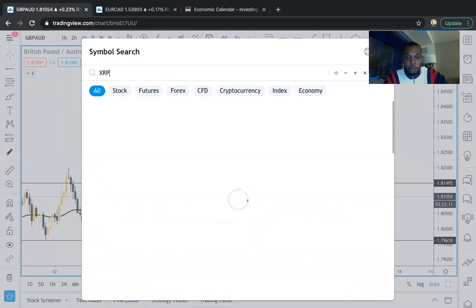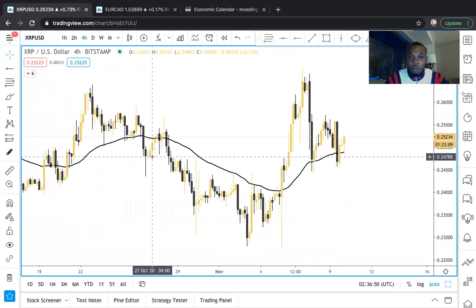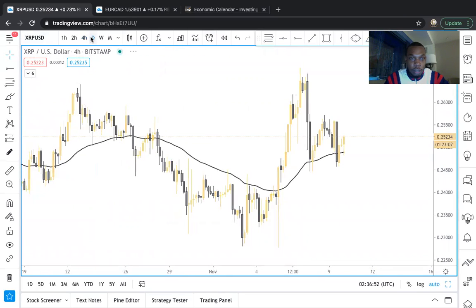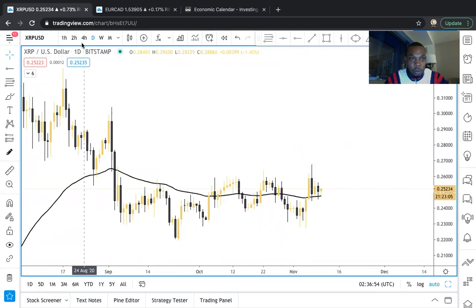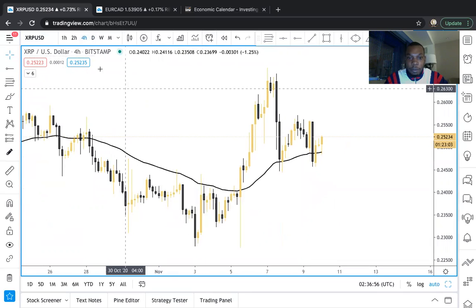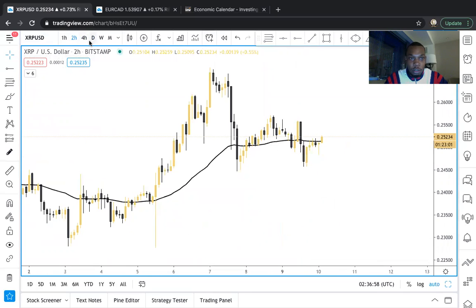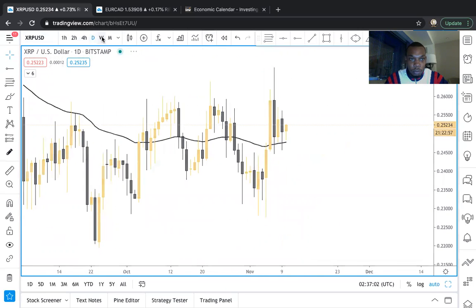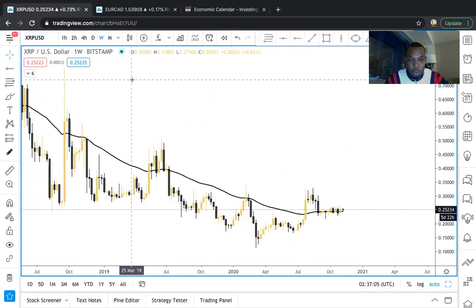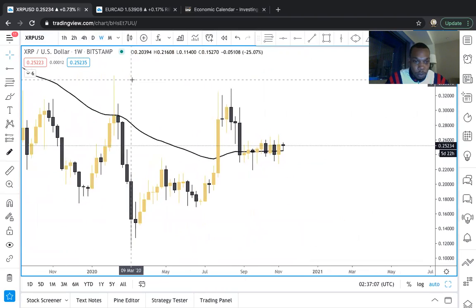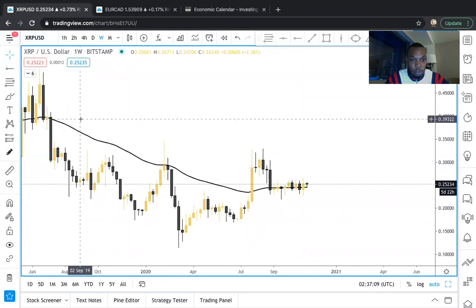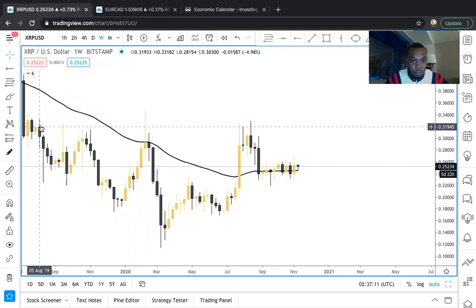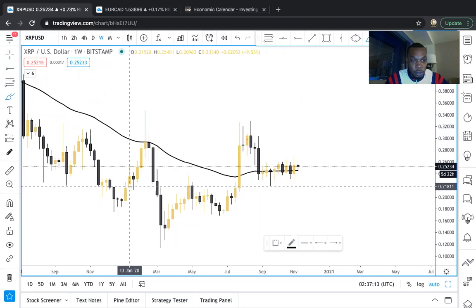All right, and I'm going to look at Ripple because I saw something good on here where I think this market is going to shoot up real soon. On the weekly time frame, we're moving in the uptrend, and we had it inverted.